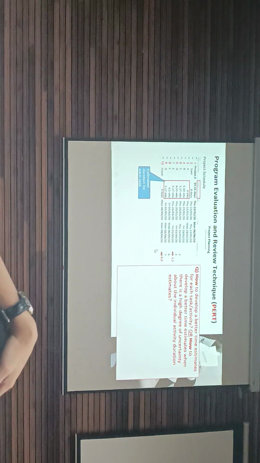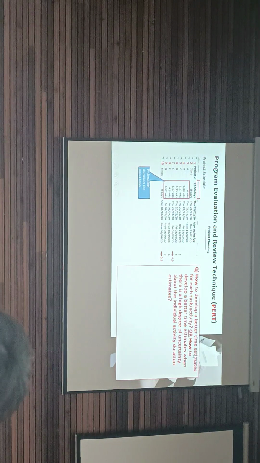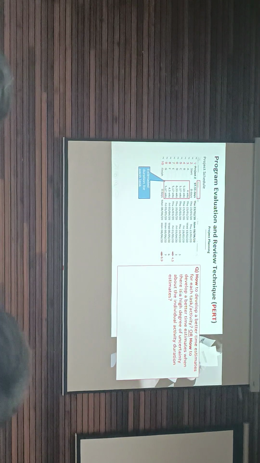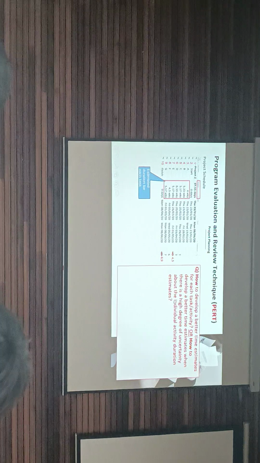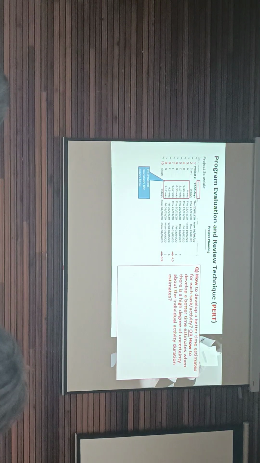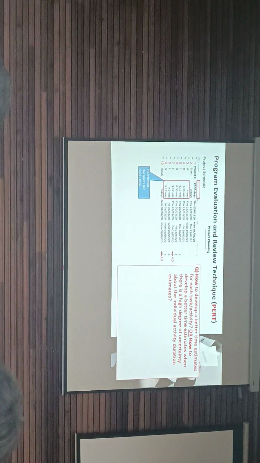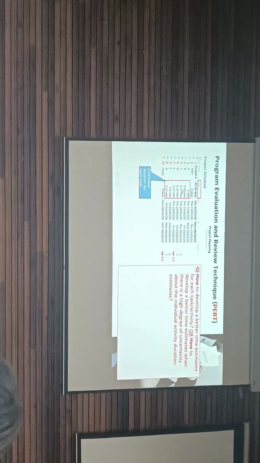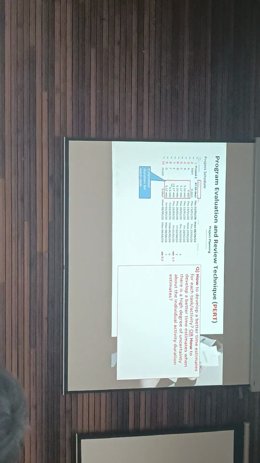So now the question is, how to develop a better estimate for each task or activity, or how to develop a better estimate when there is a high degree of uncertainty about individual activity duration estimate. Okay, so you put in one number, key and enter. How accurate is this number?